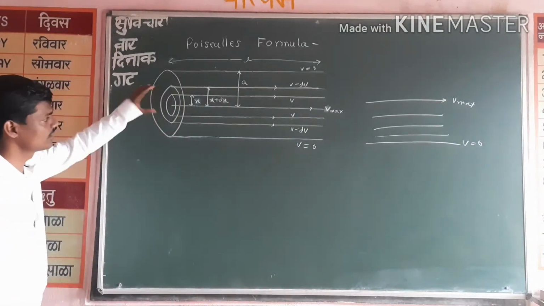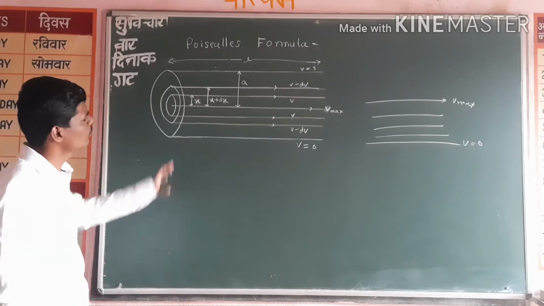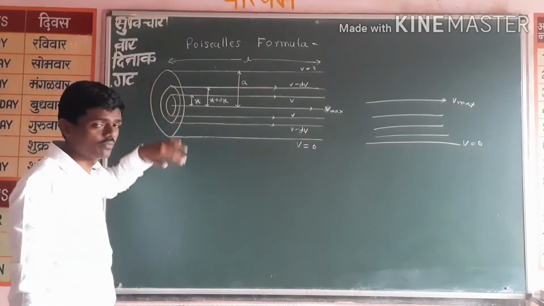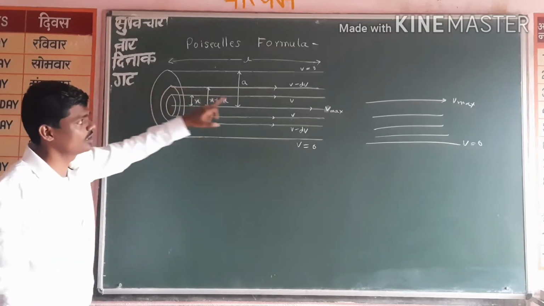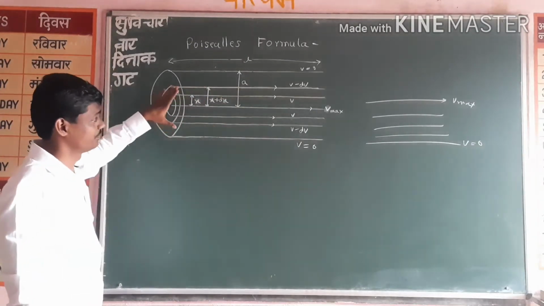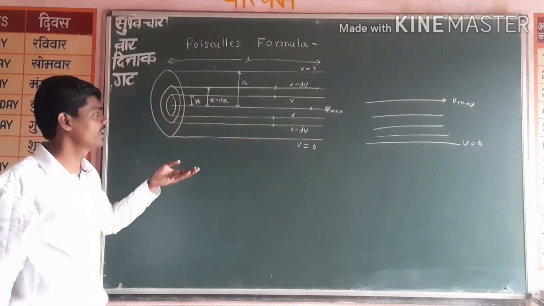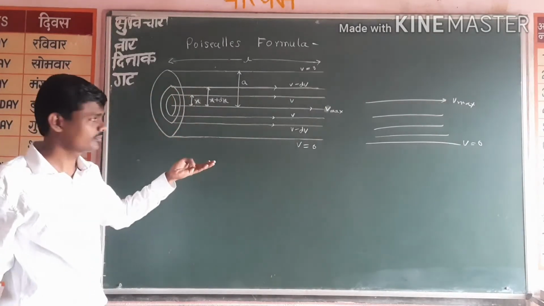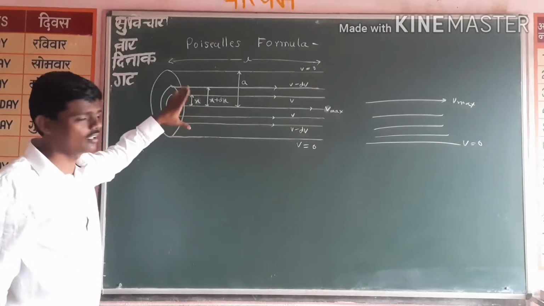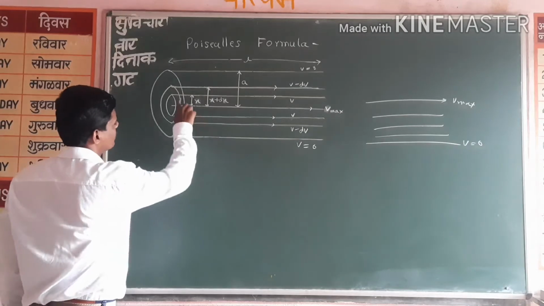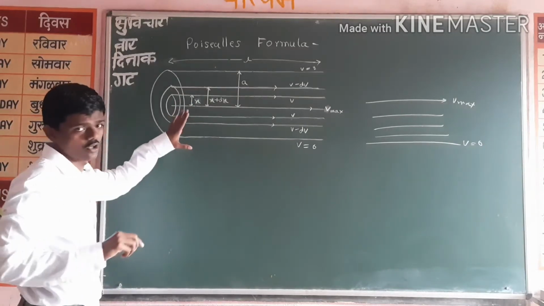Now we are calculating the rate of flow of liquid through this. Before that we have to calculate its velocity v in terms of area and distance.